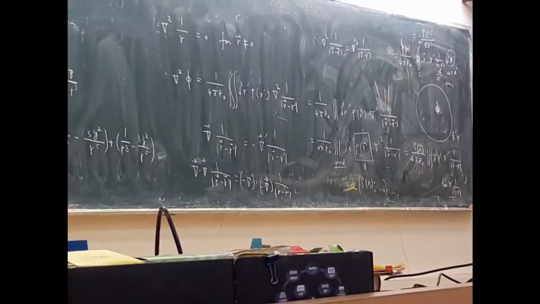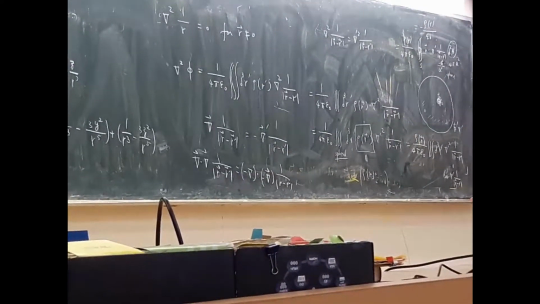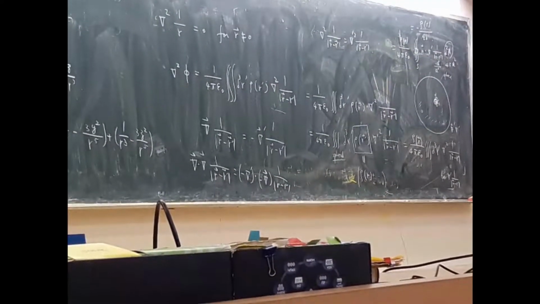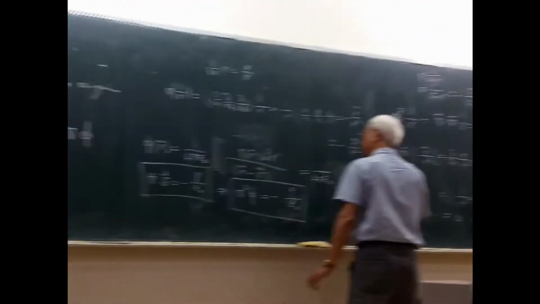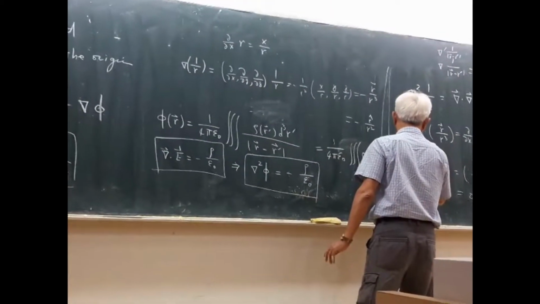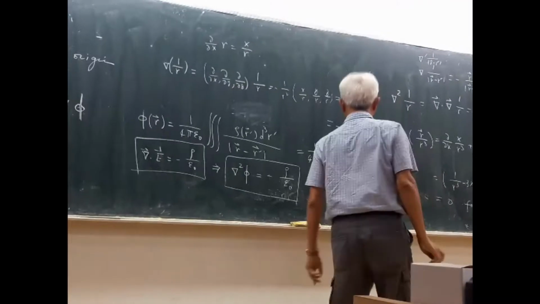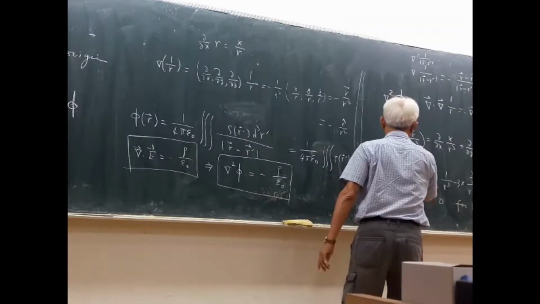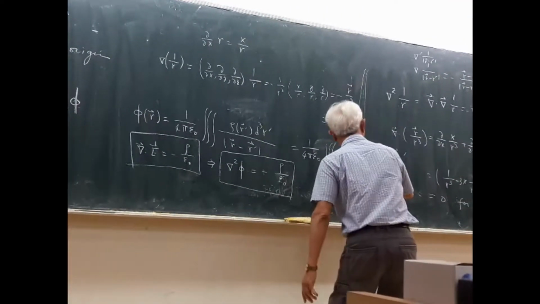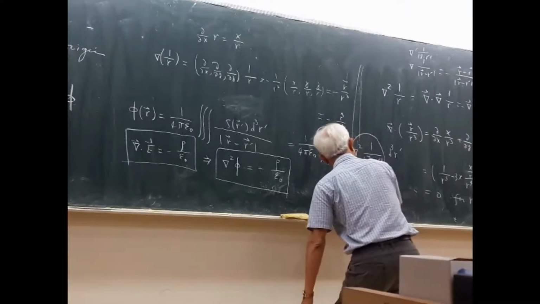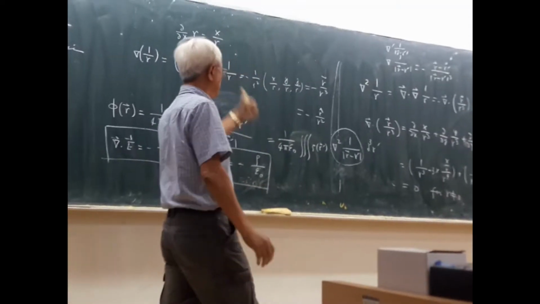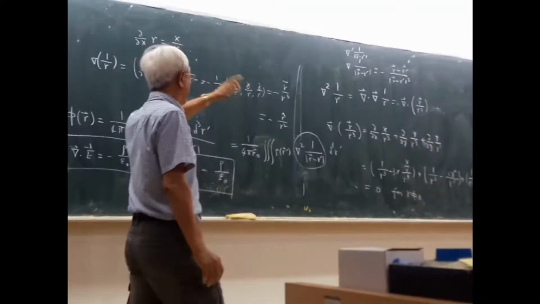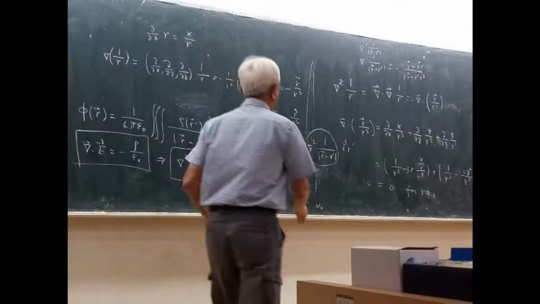And what does it mean? It means rho R prime Laplace. When R is not equal to R prime this is 0, and the integration is 4 pi.